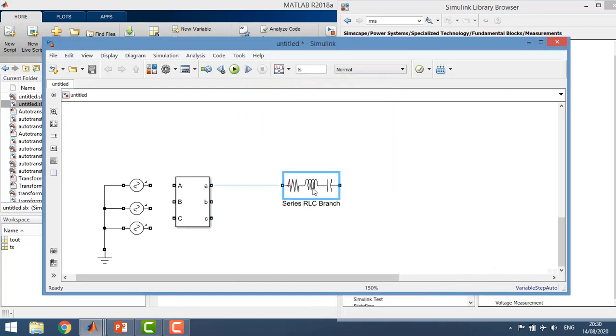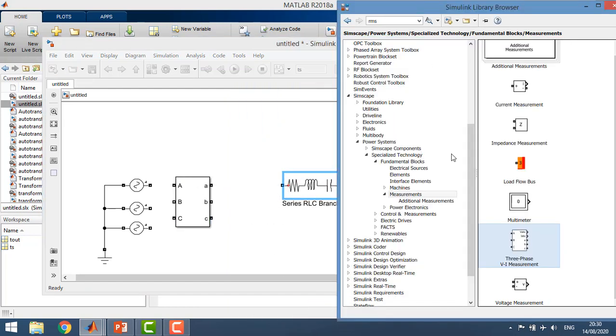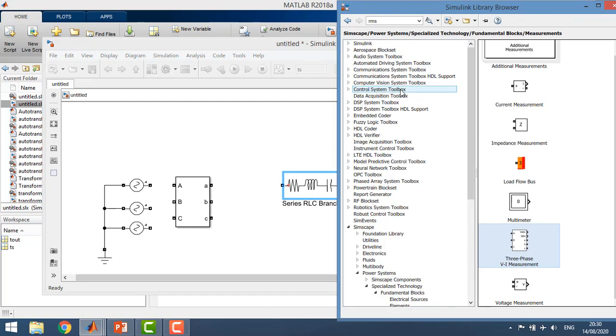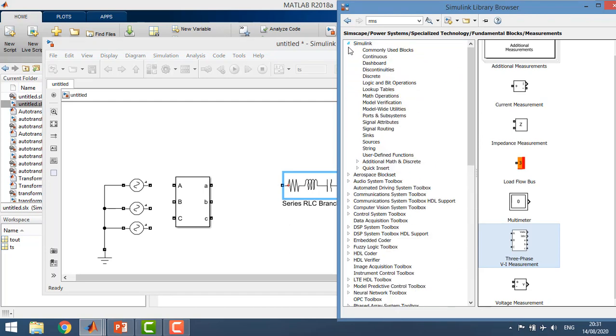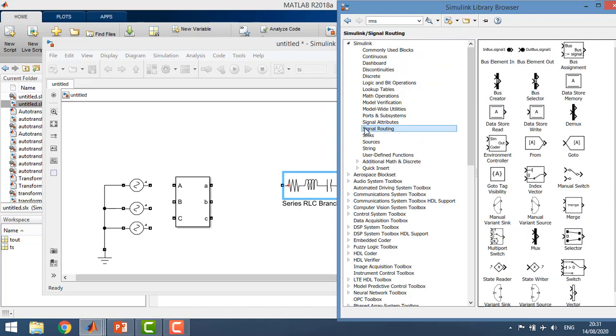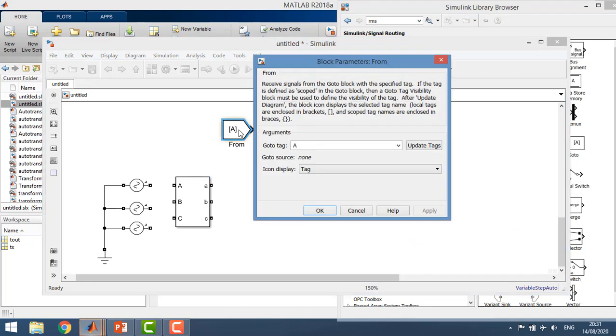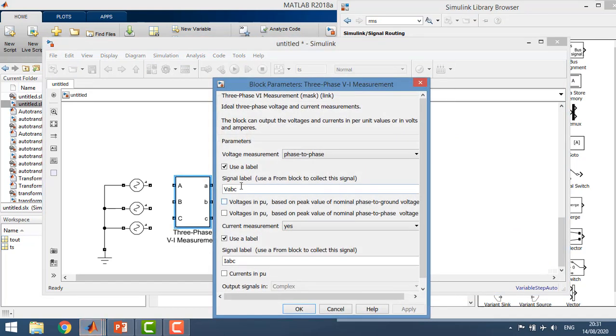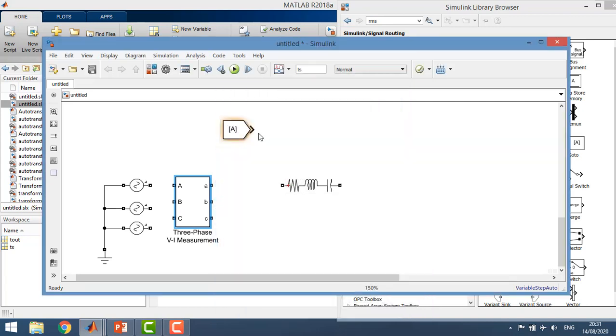Brilliant. Now to receive this signal we need a block, which is this one. So basically we need to name it with the same name we gave to the voltage and current.